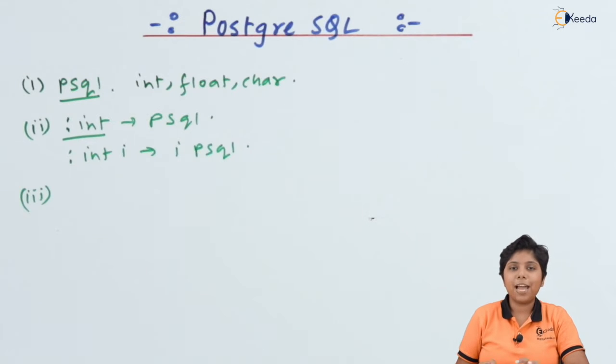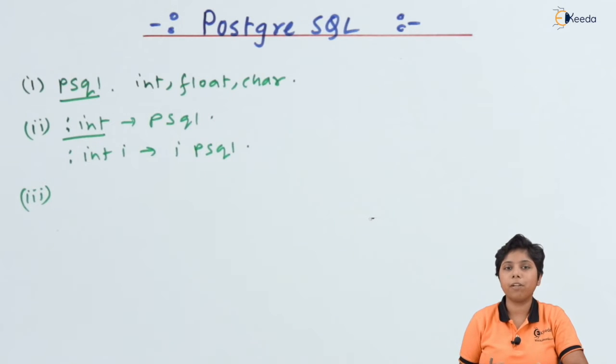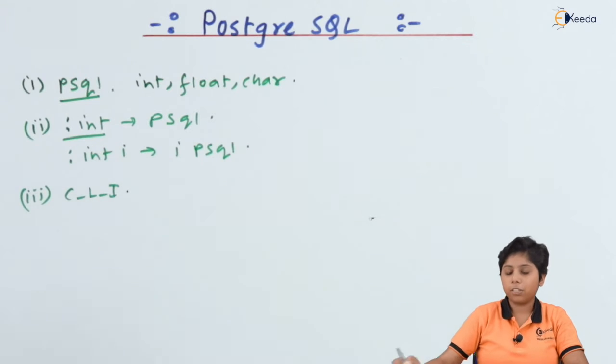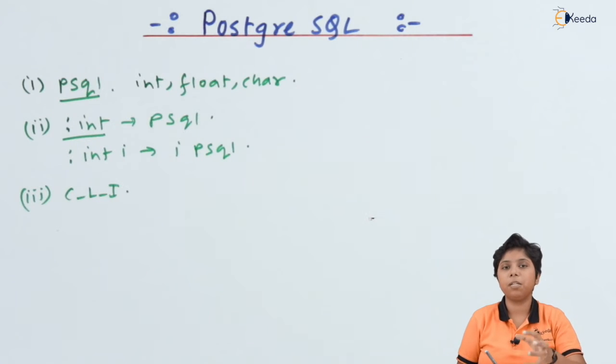Now the PSQL libraries support command line interpretation so that we can execute each of these queries not by compiling a file, but by giving input directly on the command line and getting the result as command line output. So these command line input or CLI facilities are some terminal features of this PostgreSQL.